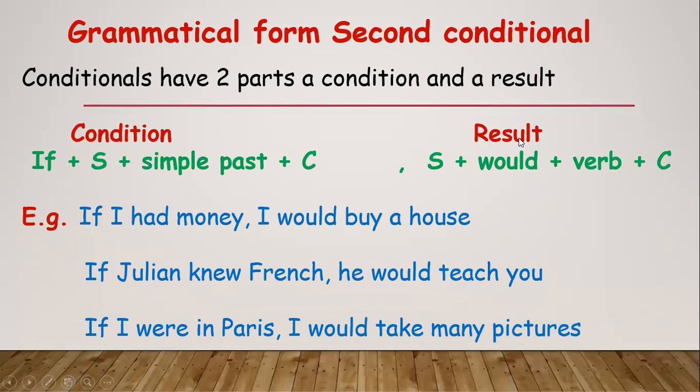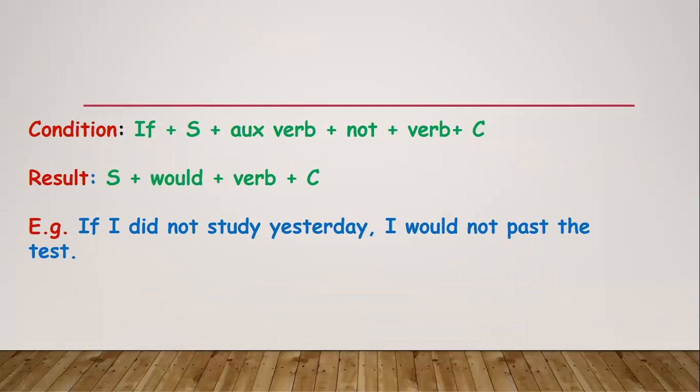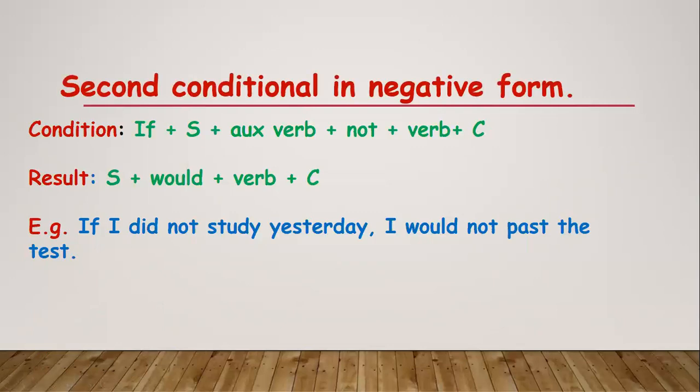But if you're going to put the result first and then the condition, you don't need a comma, okay? You can talk in negative way, just adding no, right? And the auxiliary did, that in this case is did because it's in the simple past. And the next sentence, the result would be the same, okay? You just, maybe you add the word not before the word would.